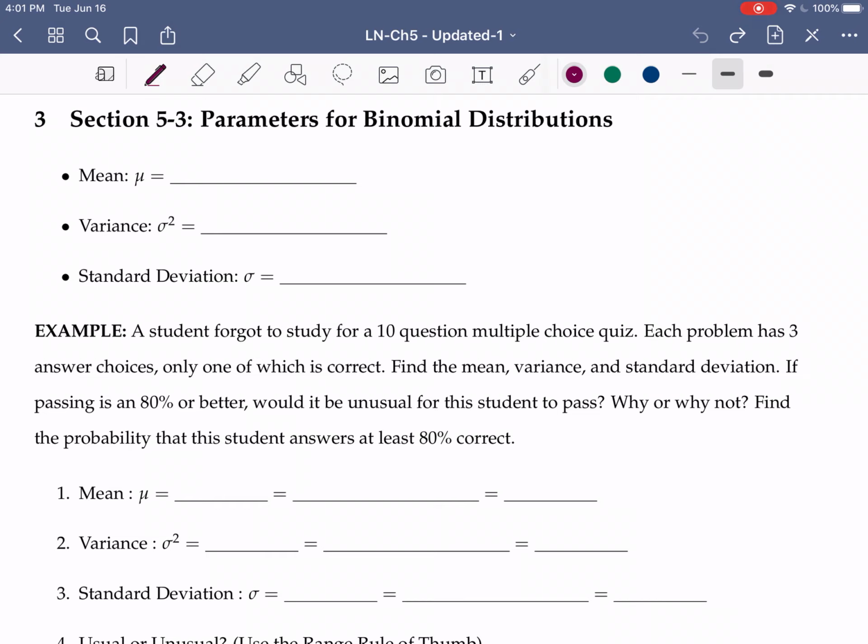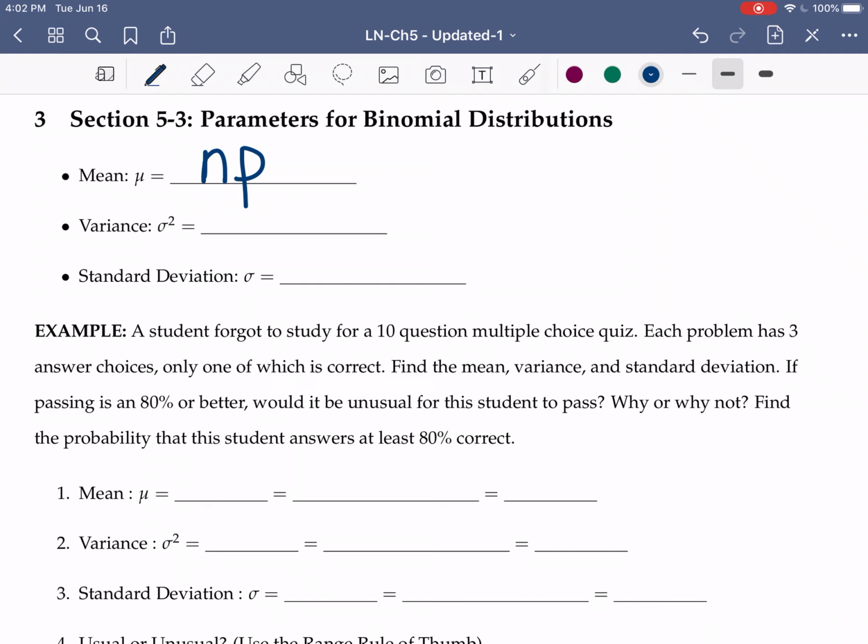However, when we have a binomial distribution, there is a simpler process to find the mean, and that's to take the number of trials, n, times the probability of success on a single trial, right? So if you have an 8-question multiple choice test, every question has 4 possible answer choices, and only one of which is correct.